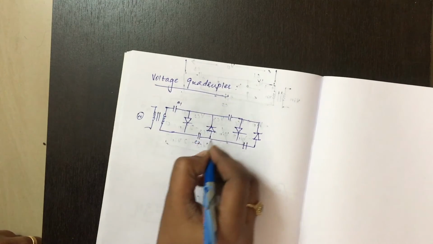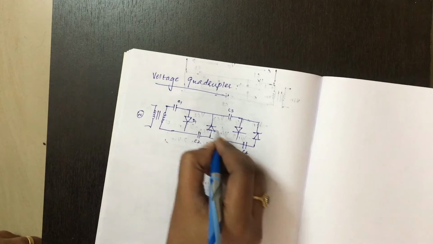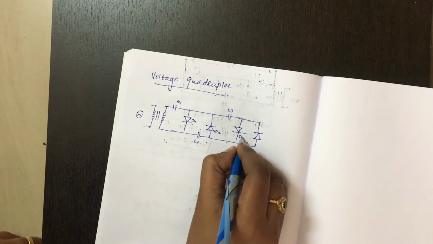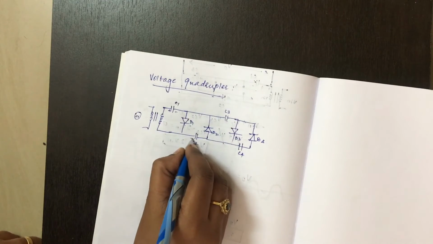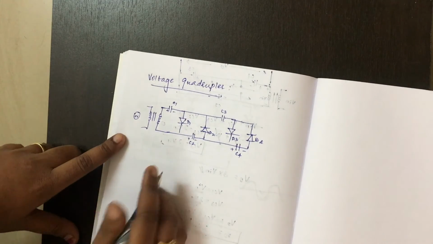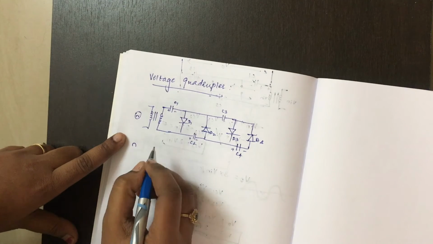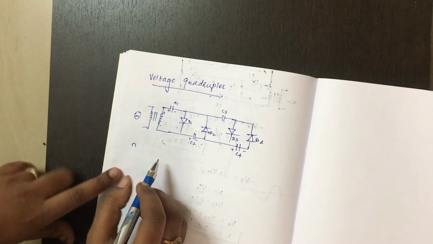C1, C2, C3, C4, D1, D2, D3, D4, plus minus, plus minus, plus minus. So first you will be applying a positive signal. When you apply a positive signal, this will become plus, this will become minus.